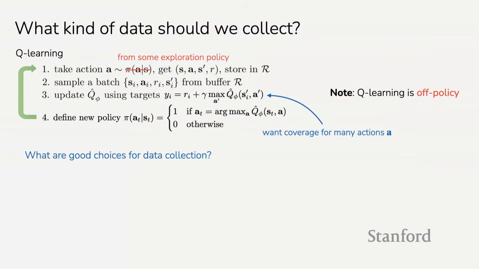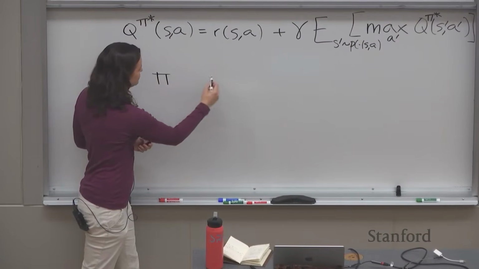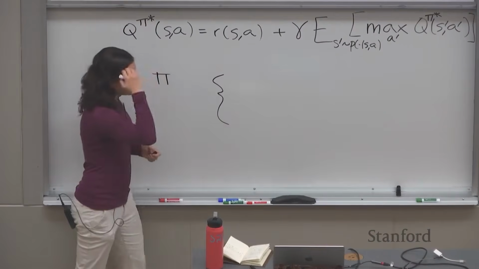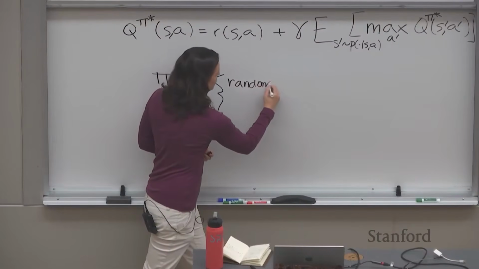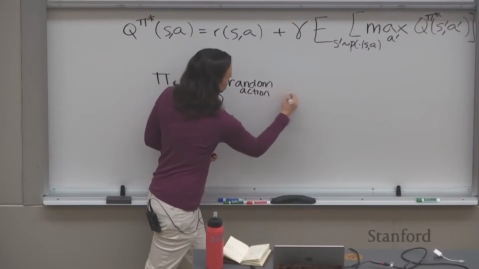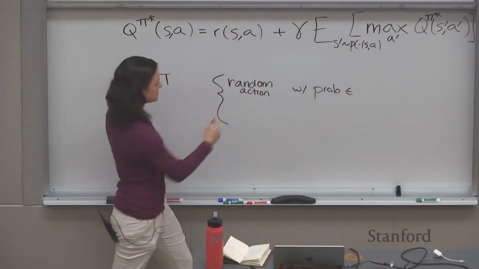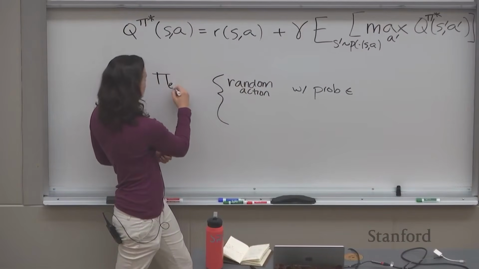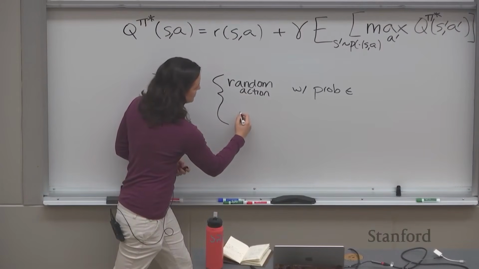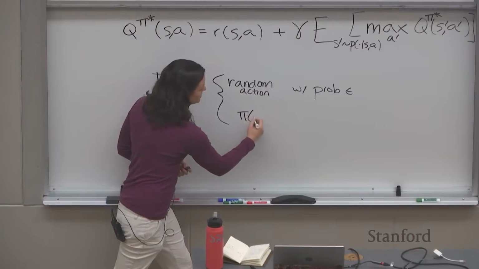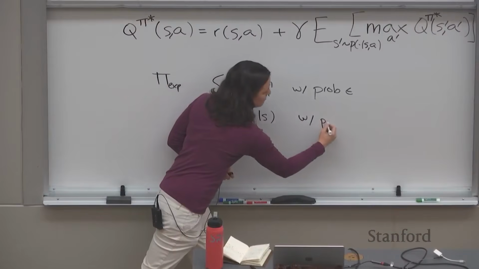And so what that would look like is a policy that, maybe you can write it as: take a random action with probability epsilon, and follow, maybe we can call this pi exploration, follow your current policy with probability 1 minus epsilon.